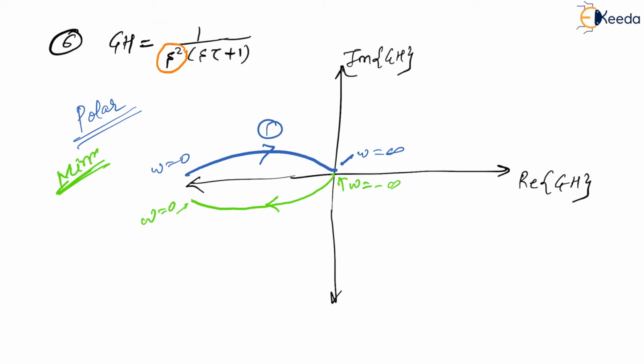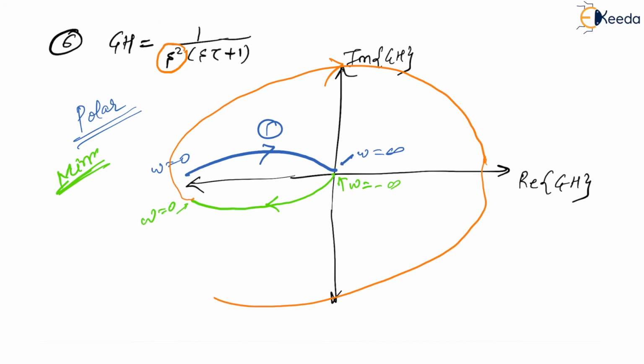It should start from 2 and then end up at 1, right? So this becomes my first semicircle of infinite radius. This is the first one, and this is going to be the second one, second semicircle. Deal done. Very simple, right? Let me take one more example.